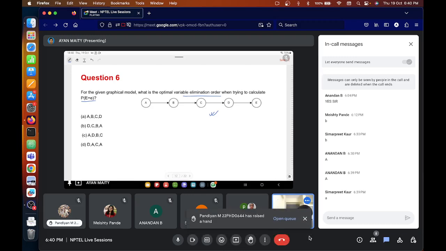Anandan says A, Simarpreet Kaur says A, Pandian also says A. So all three options are A here.